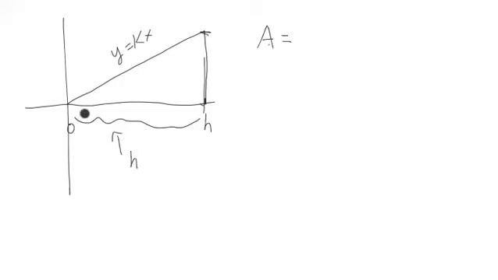This h is referring to something else, but the height of this actual triangle we get by plugging in this value for x into here, which should give us kh. So we have a height of kh times the base h, divided by 2. So kh squared over 2 should be the area.